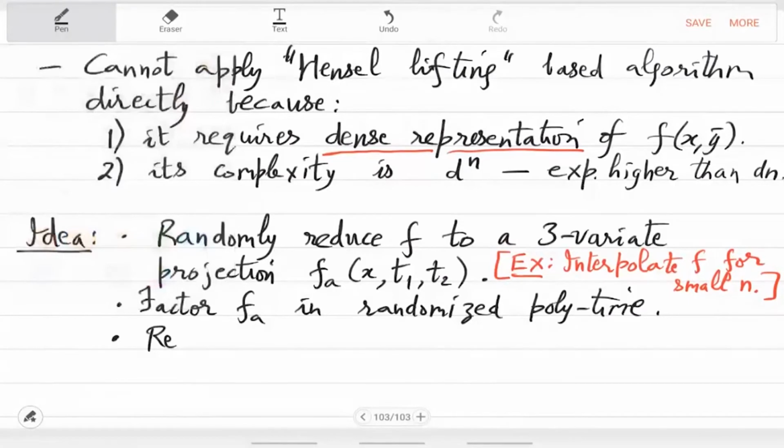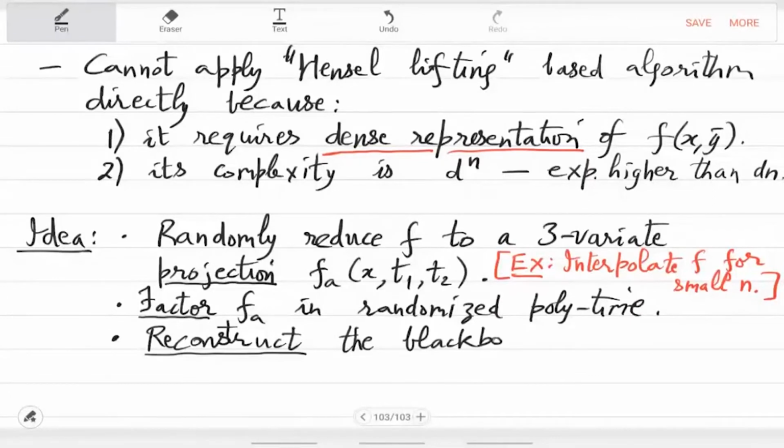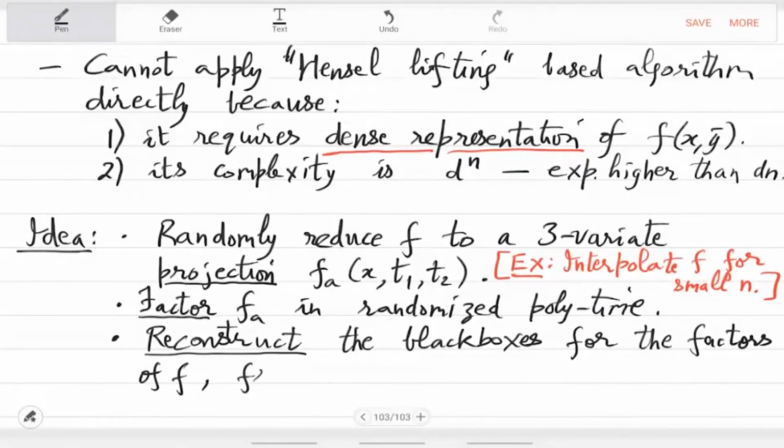This Fa you can just factorize by the Hensel lifting algorithm, and from the factors you try to reconstruct the black boxes for the factors of f from the factors of Fa.